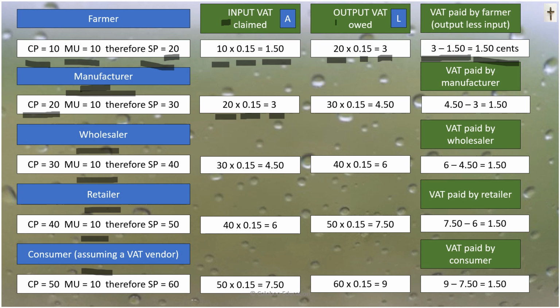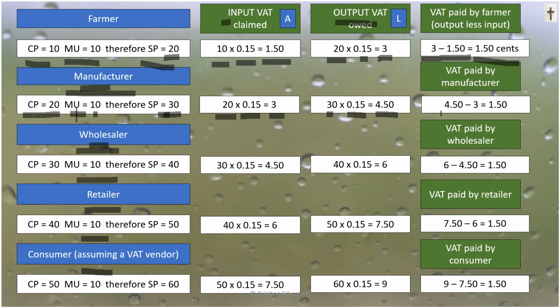Then I calculate the output VAT by taking the selling price, which is 20 plus 10 is equal to 30. The selling price excluding VAT times by 15% will give me the output VAT that the manufacturer is going to charge the wholesaler.